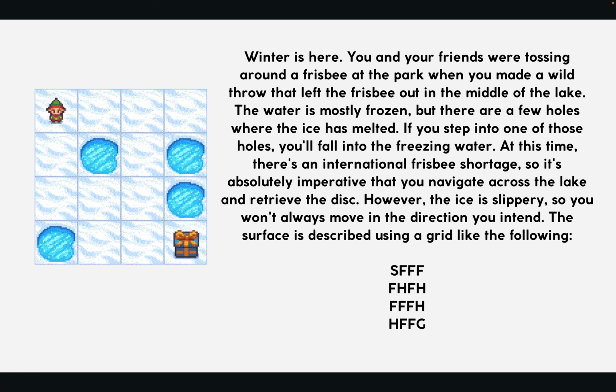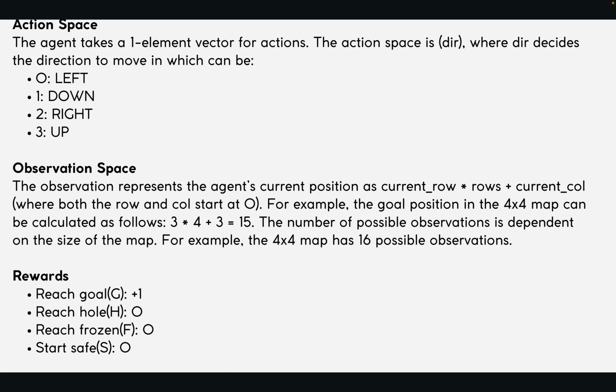The surface is described using a grid like this. So simply, this is the goal of the game: you walk on a frozen lake, not falling in a hole, and get the frisbee you left in the park. So let's look at everything we need to know about this game first before going to the code.